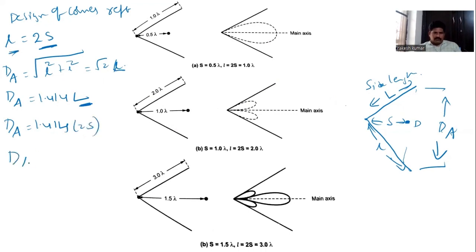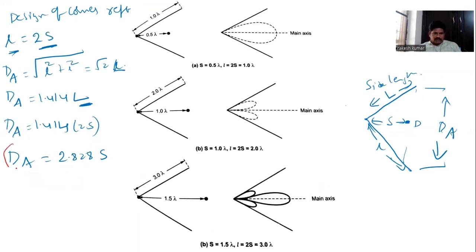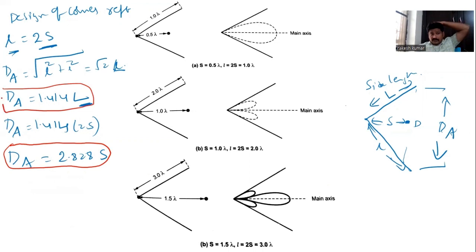So the different formula for DA is 2.828 S. This is in terms of the spacing between the feed element, and this is in terms of L, where L is the length of the reflector sheet.